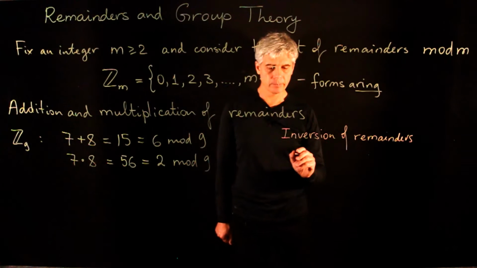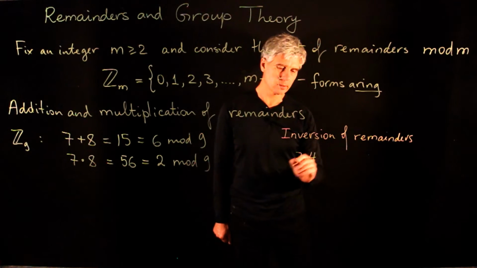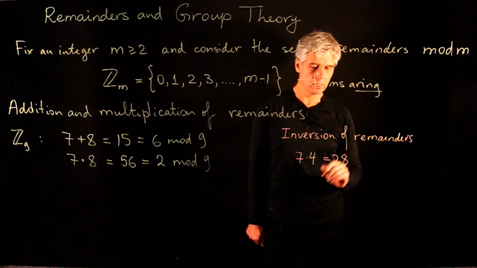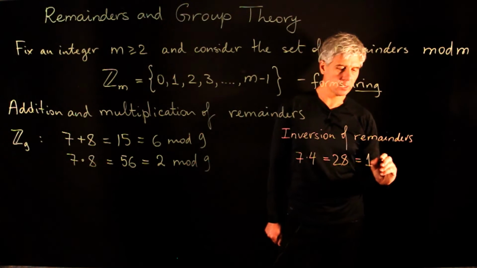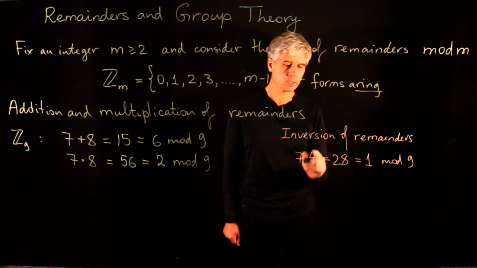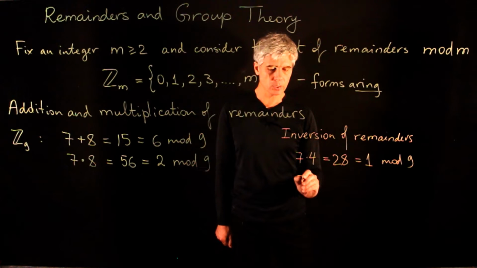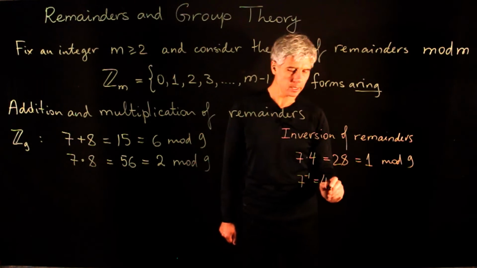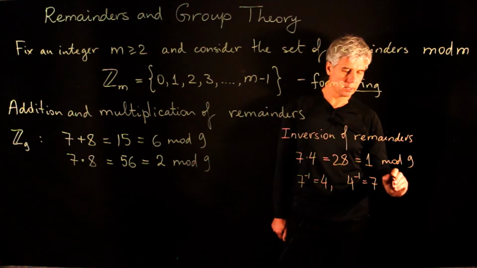For example, in Z9, 7 times 4 is equal to 28, and 27 is divisible by 9, so this is 1 mod 9. If the product of 2 remainders is equal to 1, then these 2 remainders are inverses of each other. So 7 inverse is equal to 4, and 4 inverse is equal to 7 in Z9.